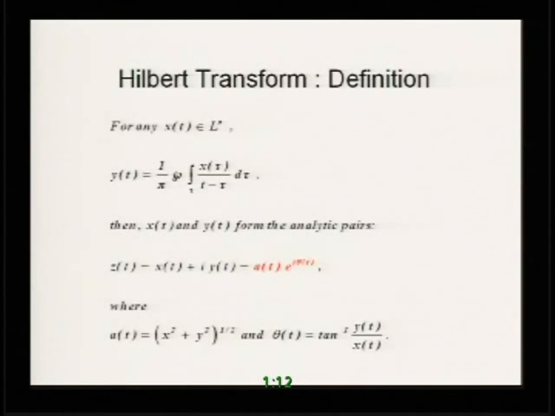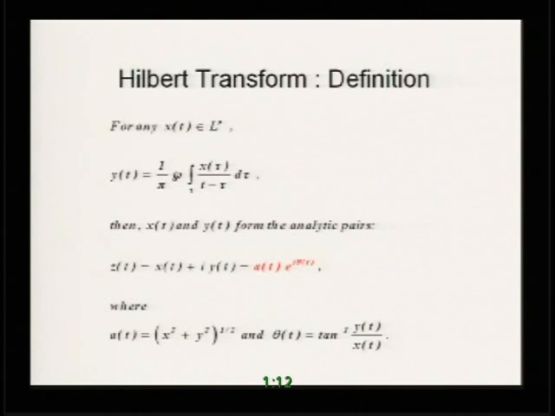If x belongs to the L^p class, that means I raise it to the p-th power, I can always integrate, it converges. For that kind of function, I can do this integral and take the Cauchy principal value, and I get a y. Then this x and y form an analytic pair. That means it satisfies the Cauchy-Riemann equations and all that.